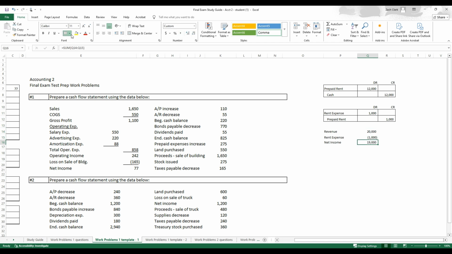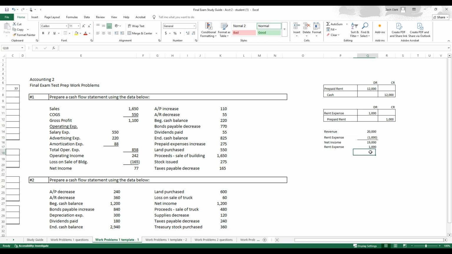But remember that in this instance, what we want to capture in the cash flow statement is the cash outflow. So if we start with net income, we only capture $1,000 of that 12,000 because only 1 month has passed and we're using accrual accounting. So that's why we have to first add back the rent expense. So we add this number back basically because it's a non-cash expense in this instance, and here really it's amortization expense.